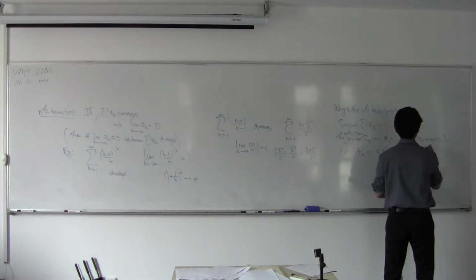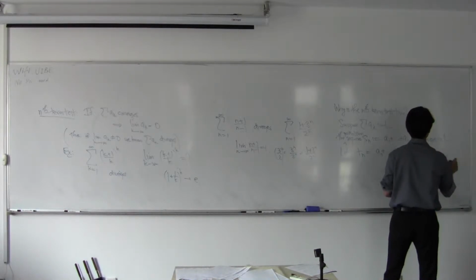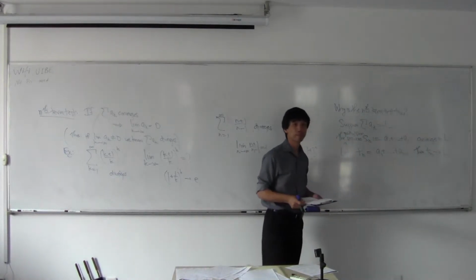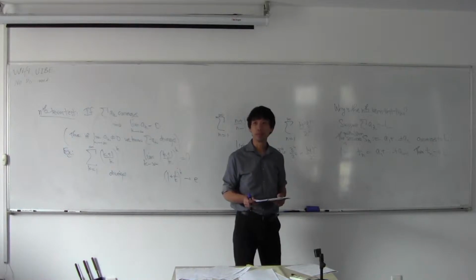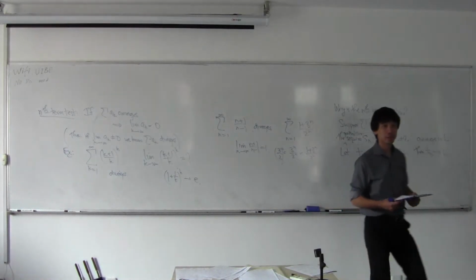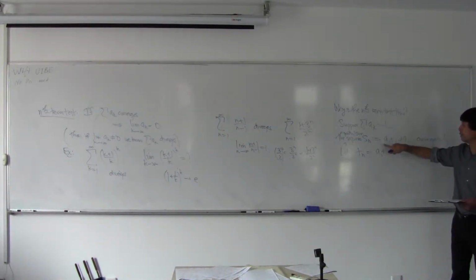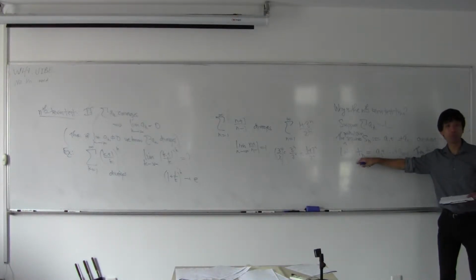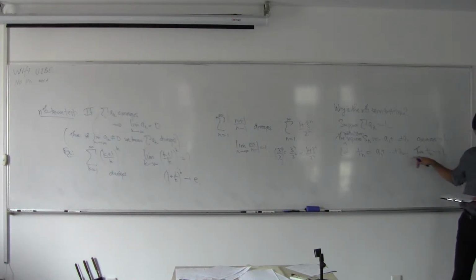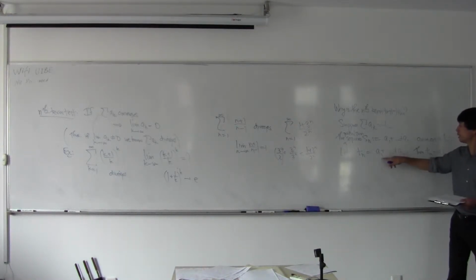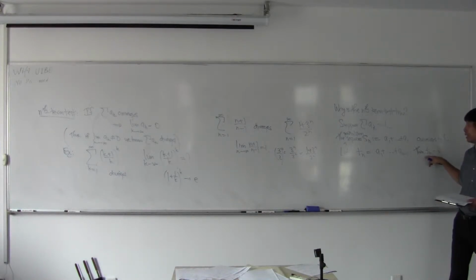Then T sub n also converges to L. Does that make sense? You have your partial sum sequence, and it converges to L. If I create another sequence that's just the sum of the first n minus 1 terms, that's also going to converge to L, because as n goes to infinity, you're still going to end up at L.